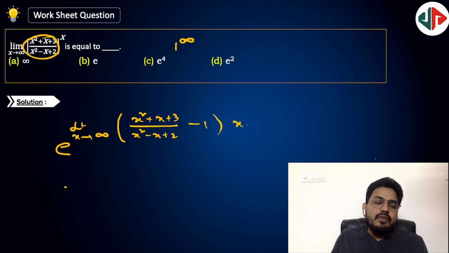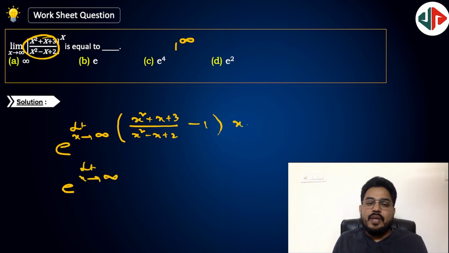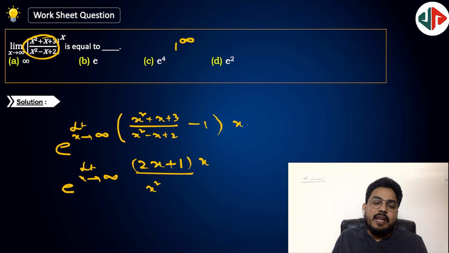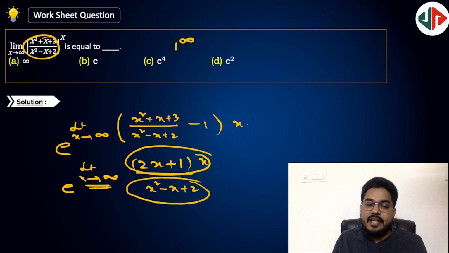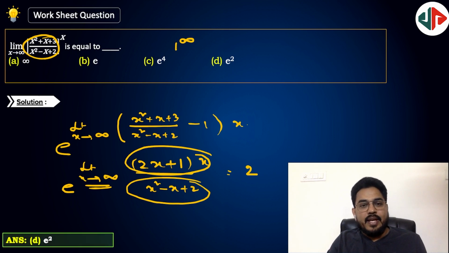So e to the power of limit x tends to infinity, x square cancels, x minus of minus x gives 2x, 3 minus 1 plus 1, into x by x square minus x plus 2. As x tends to infinity, the numerator is second degree and the denominator is second degree, so the ratio of the leading coefficients will be 2. So the answer is e square.